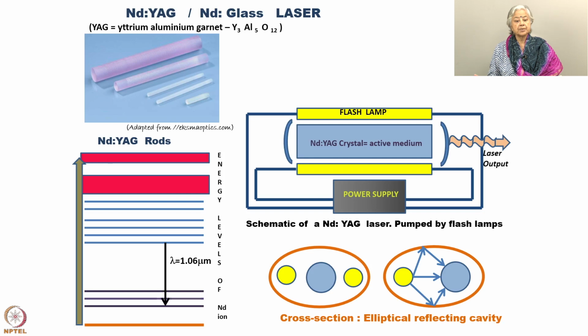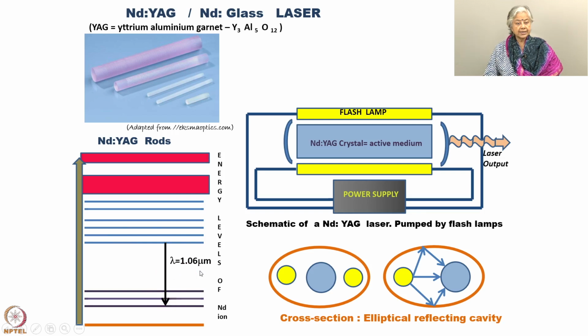Those are the absorption bands, and just remember that these are the energy levels of the Nd ion embedded in YAG. They go up here, and some of them tumble down to this level, and then the lasing action takes place between these two levels, where lambda is 1.06 micrometer.